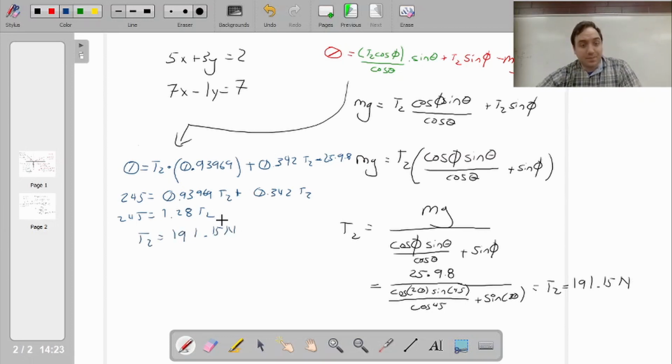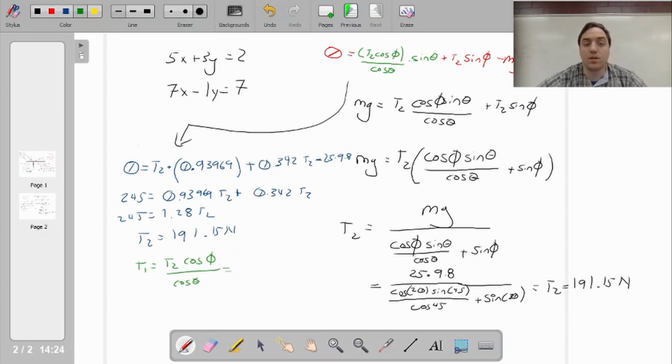Now that's not the end. Unfortunately, we have T2, but we need to go back and plug into T1. Thankfully, we have an expression for that. We said that T1 equals T2 cosine of phi over cosine of theta.